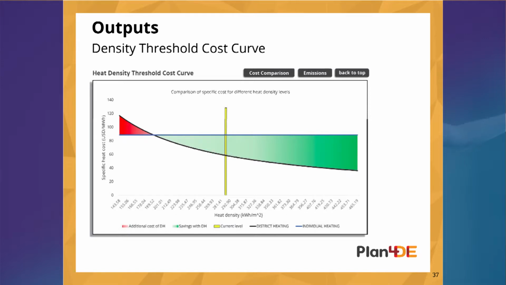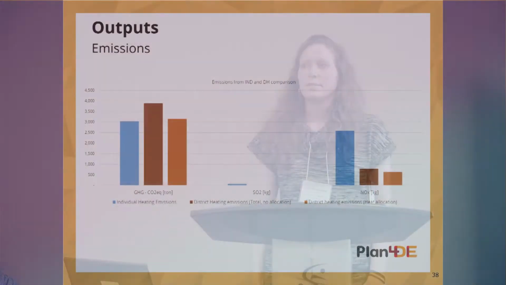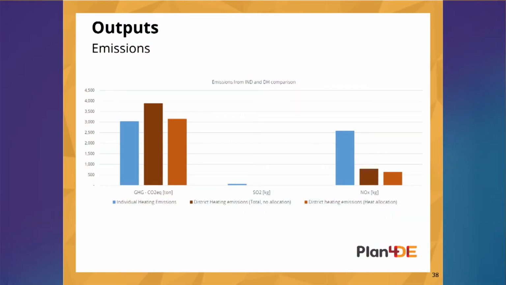Here again, you have the individual heating cost that remains flat, and the district energy system cost that is being reduced as our density increases. This is where we are right now in the scenario that we're looking at. And then finally, it also gives you emissions for the 2 different scenarios, so that if that's important to you, you can run the model with different scenarios and compare the 2 based on that.